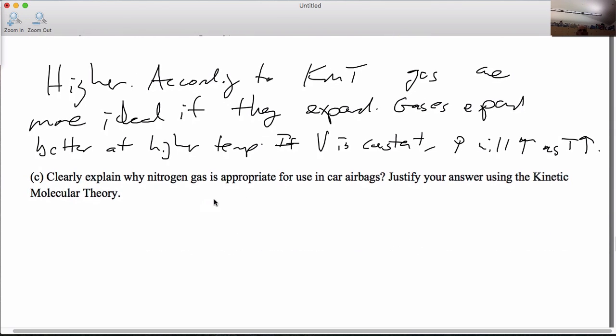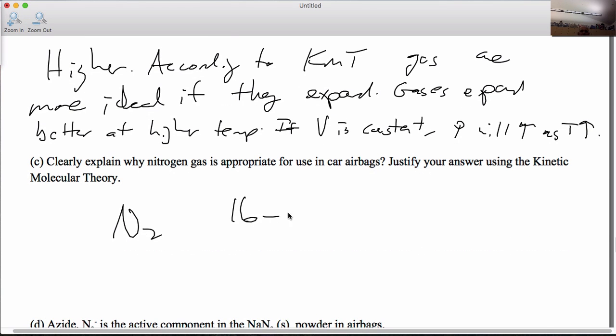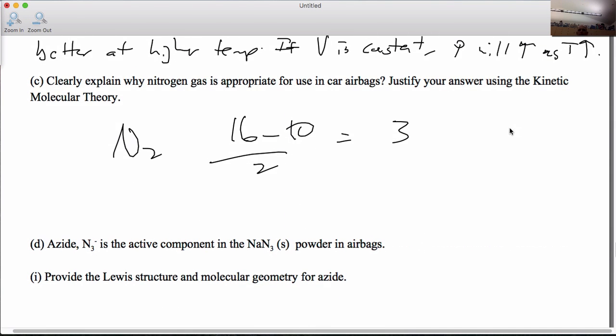Okay, clearly explain why nitrogen gas is appropriate for use in car airbags. So just nitrogen alone, well, what does it want? It wants 8 times 2 is 16. What does it have? It has 10 divided by 2. So that's going to be 6 divided by 2. That's 3. Okay, we're going to look at this. So we know that it's linear and it's nonpolar.